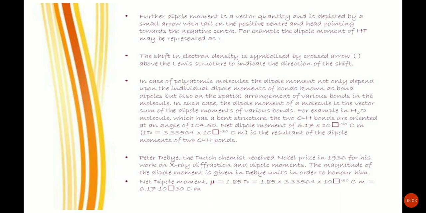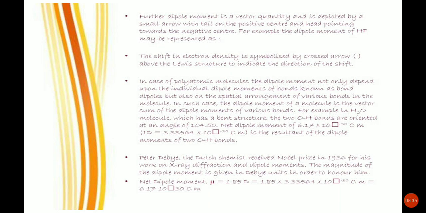In case of polyatomic molecules, the dipole moment depends not only upon the individual dipole moments, known as bond dipoles, but also on the spatial arrangement of various bonds.